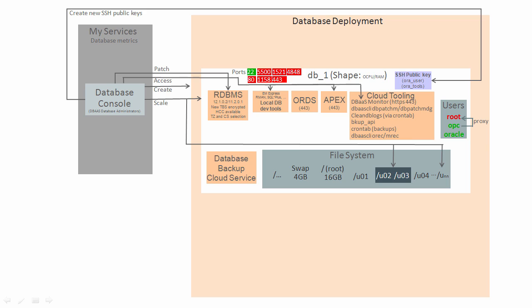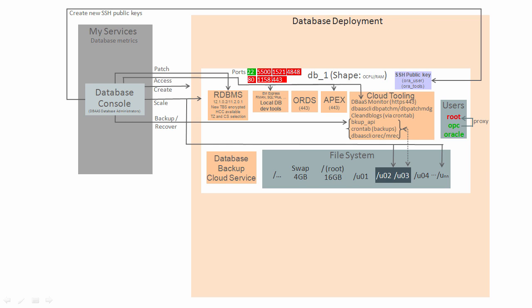Crontab is used to automate backup creation and log purging. For backup and recovery, these tools are based on Recovery Manager with a simple syntax for basic operations. You also find a new web interface for monitoring your database and VM called DBaaS Monitor.